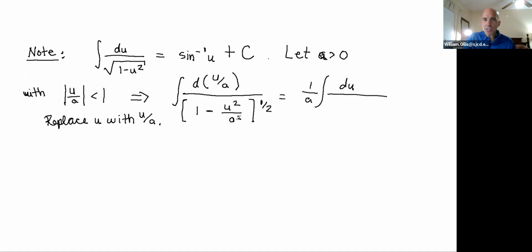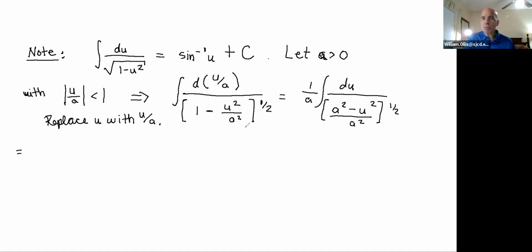And then, just like we did before, we're going to get a common denominator of a squared. So this is mirroring the last problem. That's why I did it, so you would already know the algebra. So this is a squared minus u squared divided by a squared to the 1/2. Use the brackets. The radical signs are hard to write, and this works out fine.